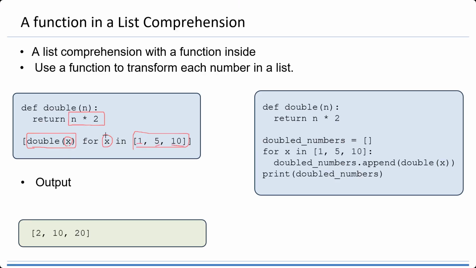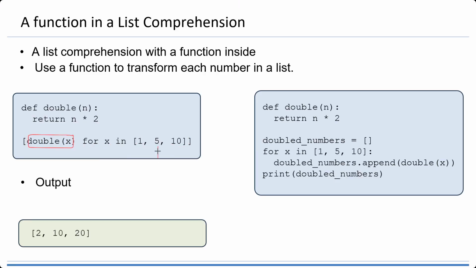When x is 1, we put 1 as the argument, and the function will multiply 1 by 2, and we will insert 2 in this list.